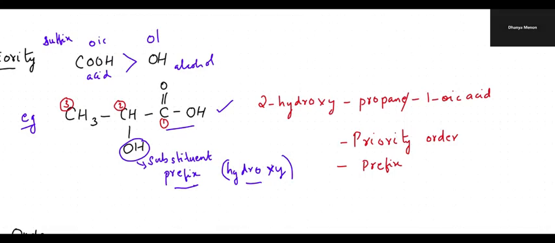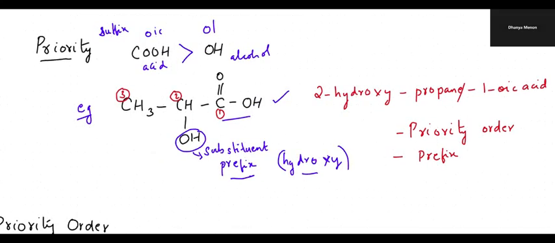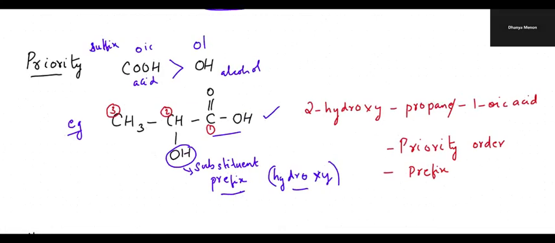So students, for the polyfunctional group, there is a priority order that we follow, according to which there can be only one primary functional group. And if there are more than one functional group present in the carbon chain, the rest of them will become the substituent, as in this example that you see, alcohol has become the substituent.